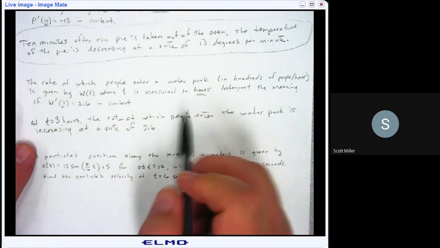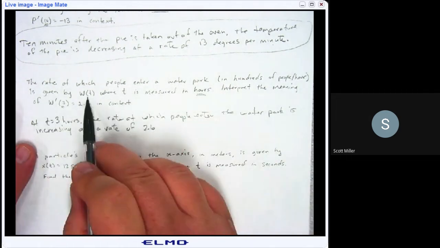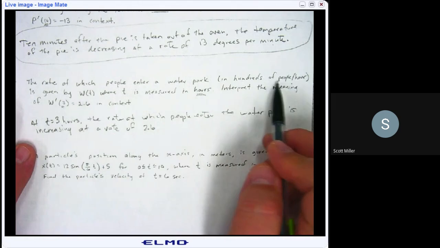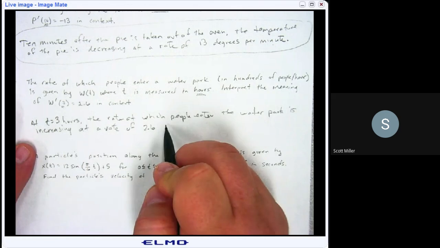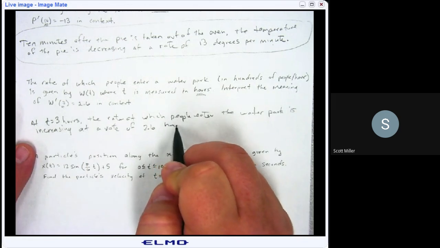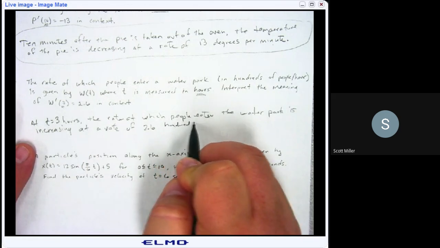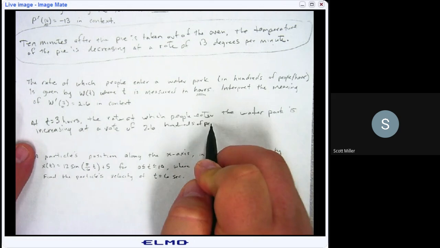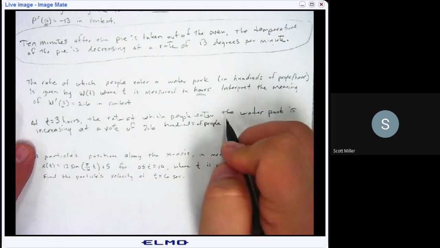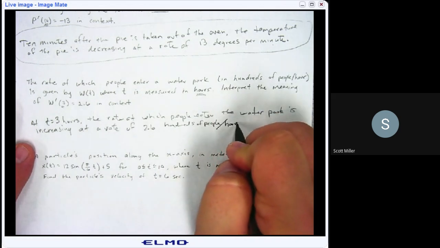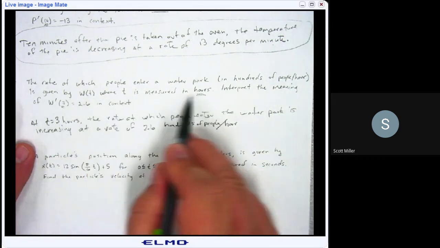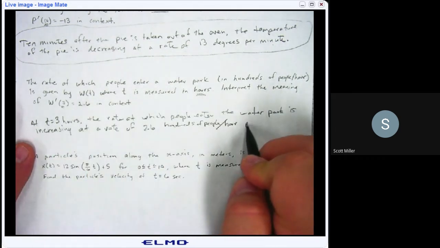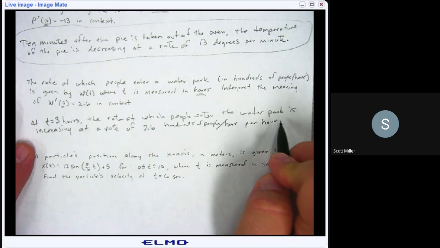The units of the original, this is in units of hundreds of people per hour. That's what this W of T was given as, right? That was the units of that one. 2.6 hundreds of people per hour, and then the per unit of time for hours, per hour.